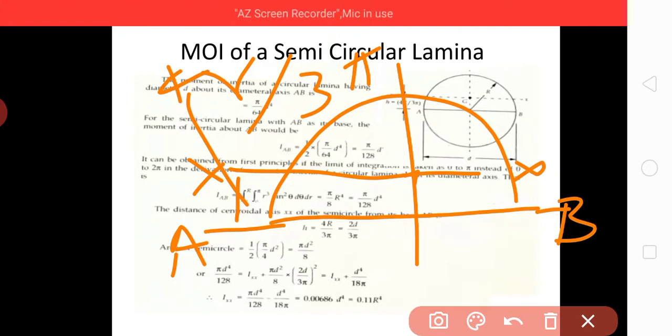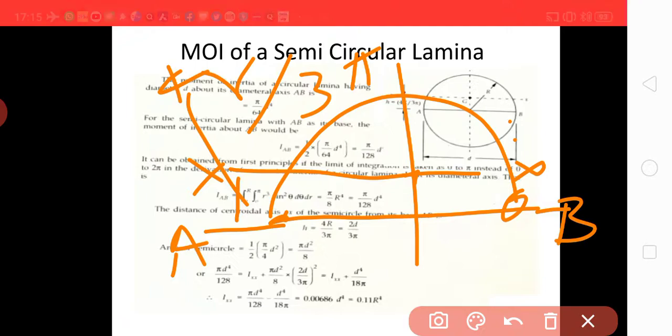Then you will find that IAB comes out to be pi d to the power 4 upon 128, that is half of the complete circular lamina. Now, for the centroidal axis IXX, we can apply IAB equal to IXX plus y square A. So, IXX will be IAB minus y square A.